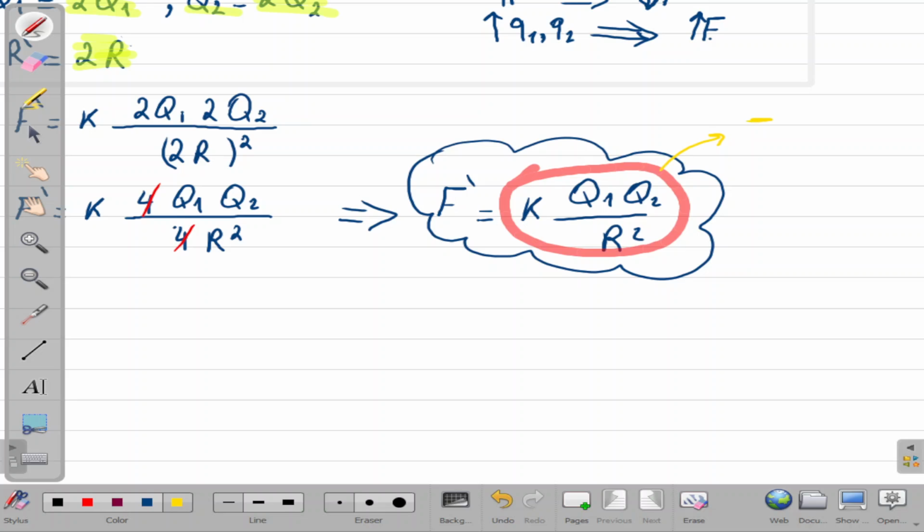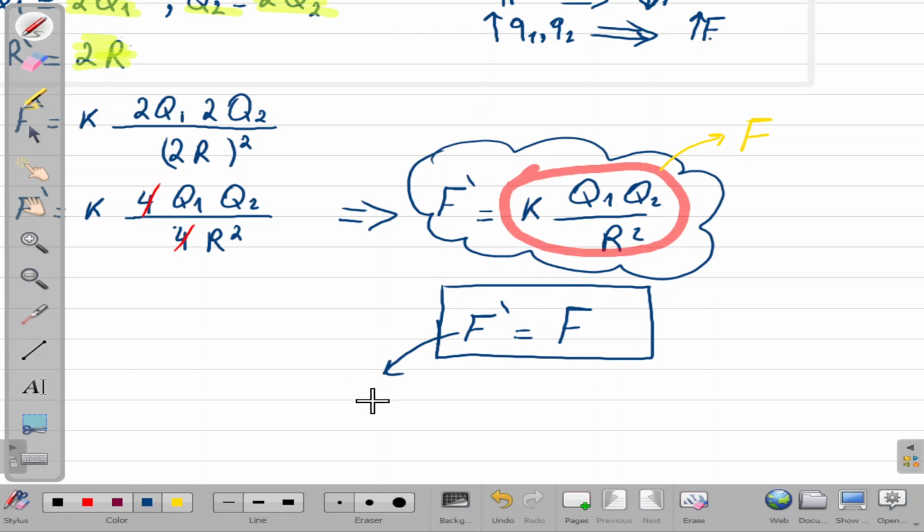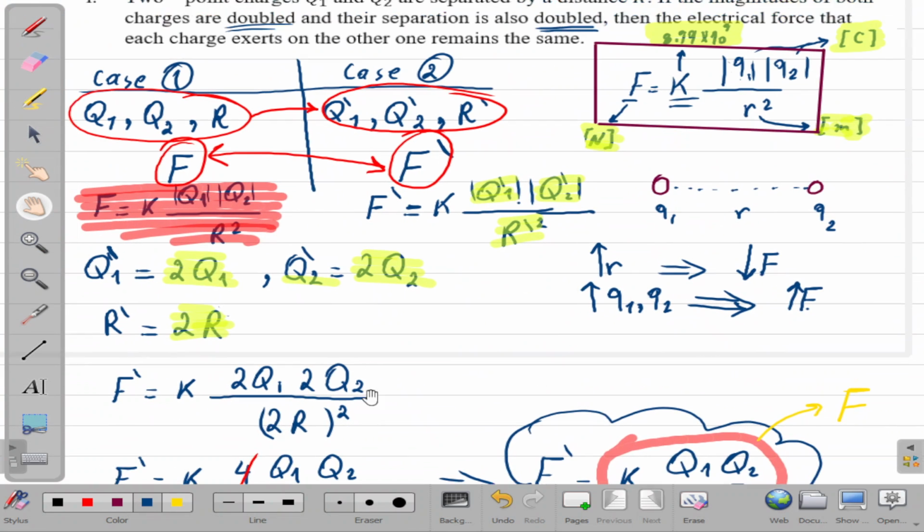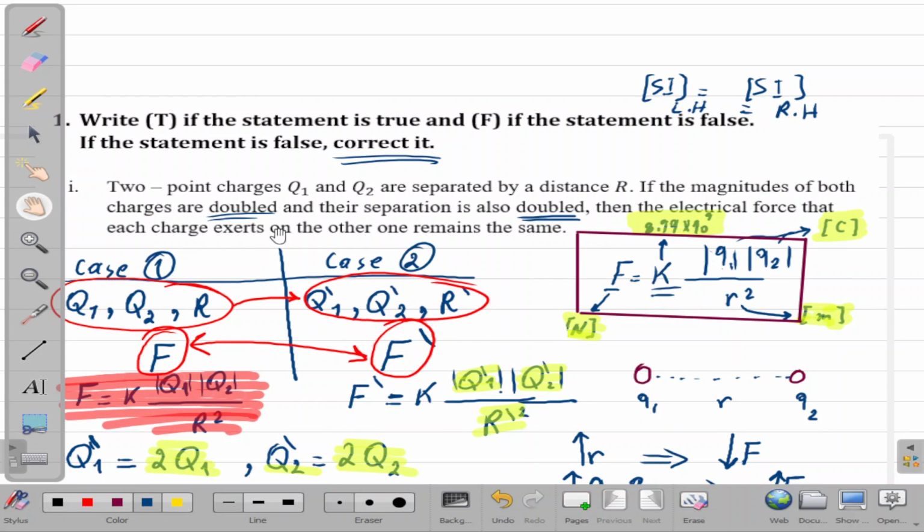Equal to F. So we can replace K Q1 Q2 over R squared by F, and finally we get F prime equal to F. What does it mean? It means that the new force is equal to the old force. So we can conclude from this relation that the electrical force that each charge exerts on the other one remains the same.